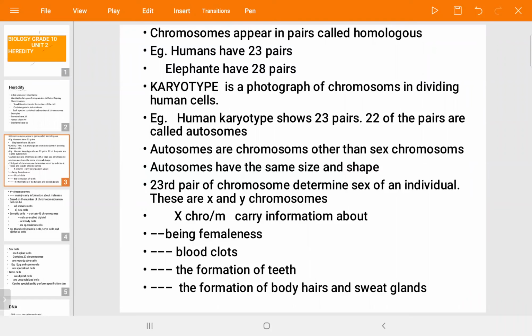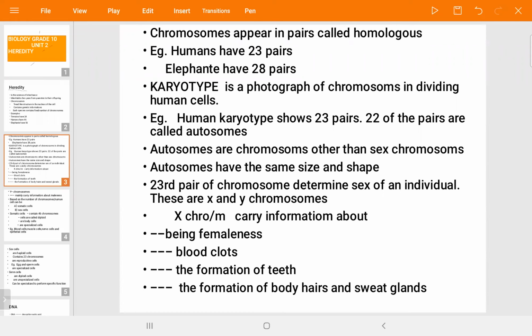The 22 pairs of chromosomes, which are known as autosomes, have the same size and shape. Each and every pair contains the one that comes from the father and the one that comes from the mother.